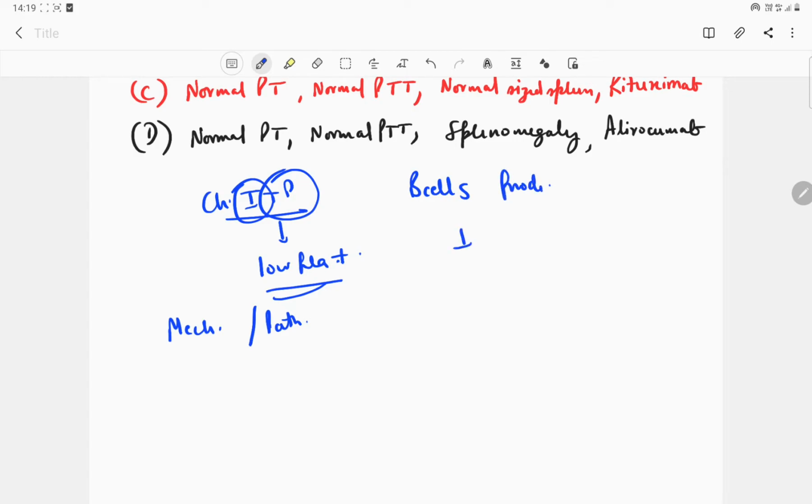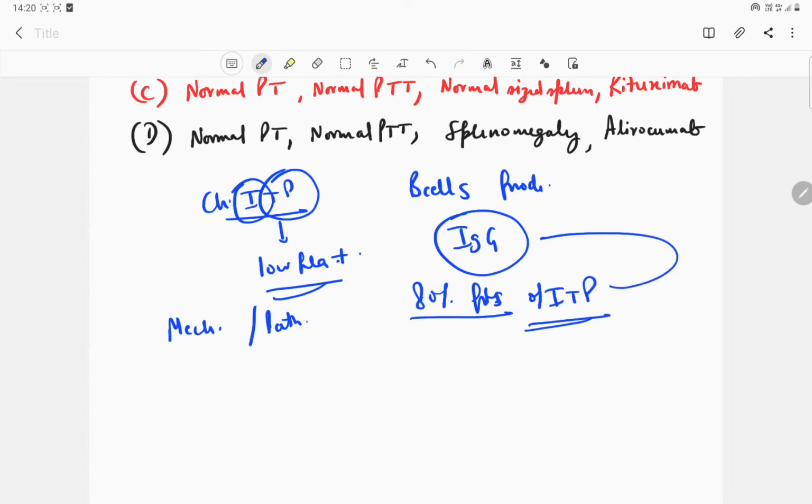autoantibodies, IgGs. In 80% of patients of immunothrombocytopenia, the IgGs are found in the plasma, which are against platelet glycoproteins.